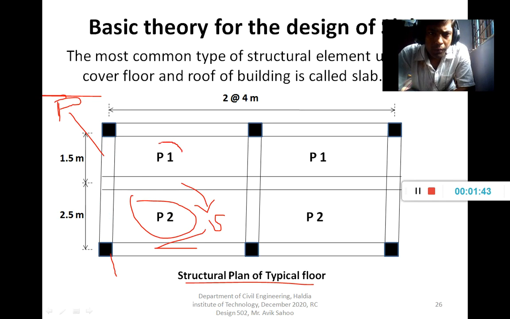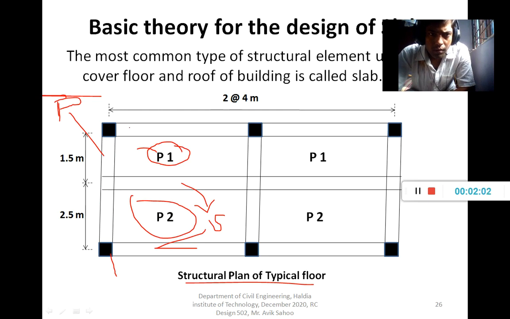Now two types of panels are considered, panel 1 and panel 2. The panel 1 size is 1.5 meter by 4 meter, whereas the panel 2 size is 2.5 meter by 4 meter.